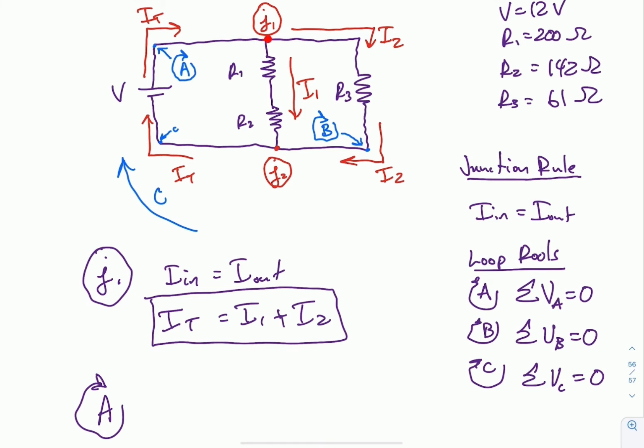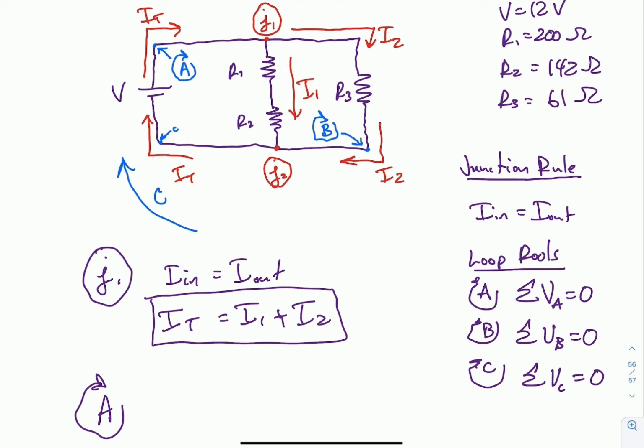We're forced to go down at junction 1 because loop A is this first loop here, and we get to resistor 1. Now notice if we're going clockwise around the loop, we're going to actually go in the same direction through R1 that we randomly drew the current going through R1.